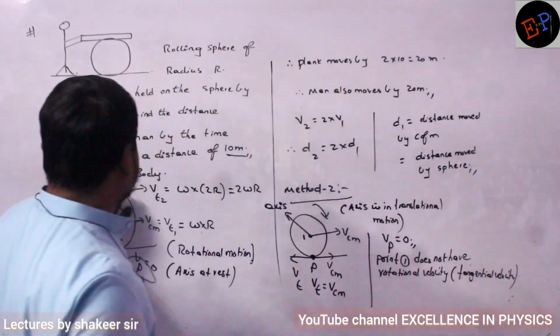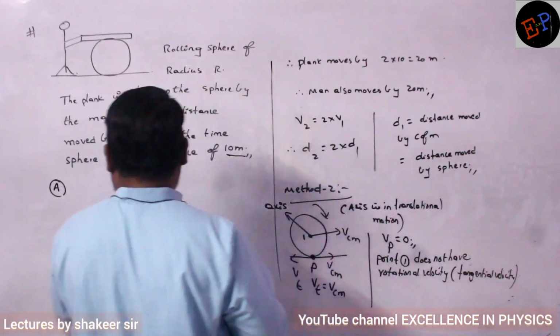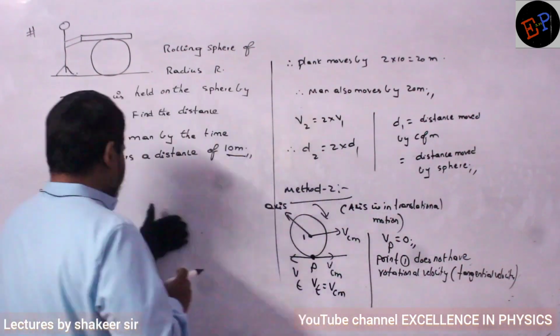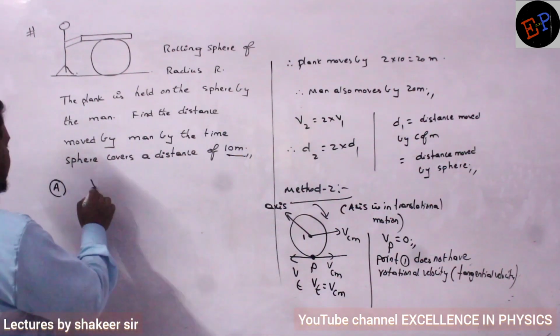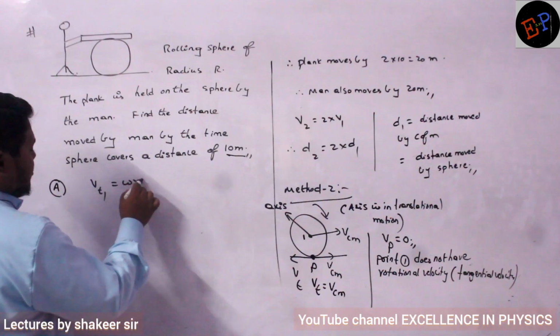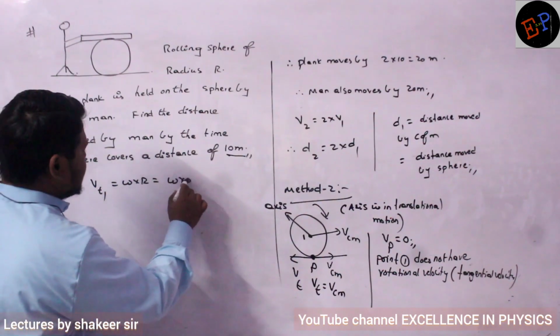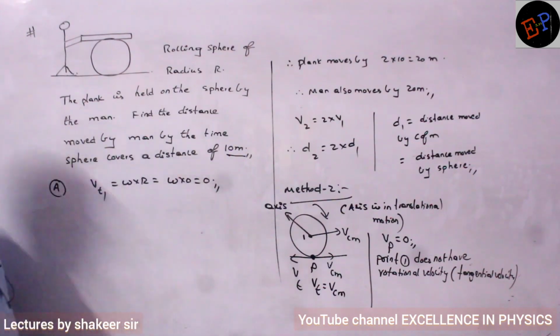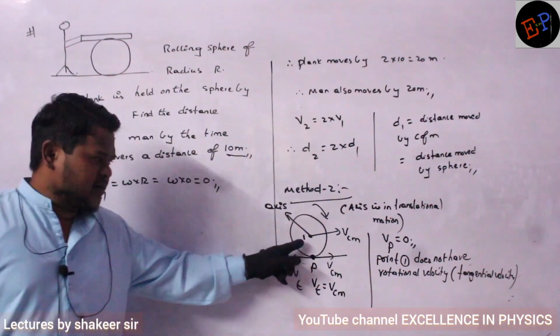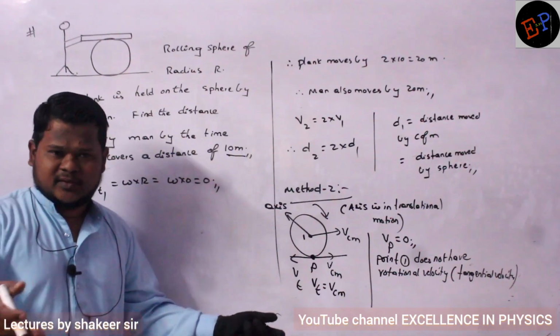That also I will write here. What is the reason for this? The tangential speed of point number 1 is omega into r normally, but what is the r value? 0. Omega into 0, so it is equal to 0. For which point? For point number 1. There is no perpendicular distance from the axis, the point is right there.